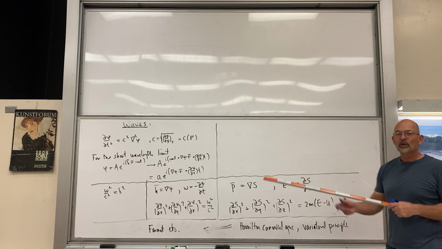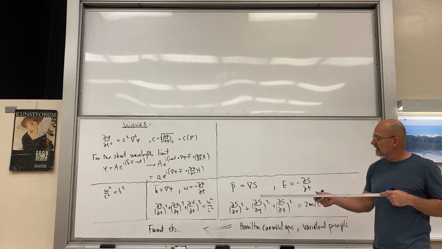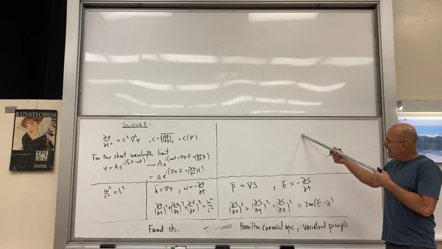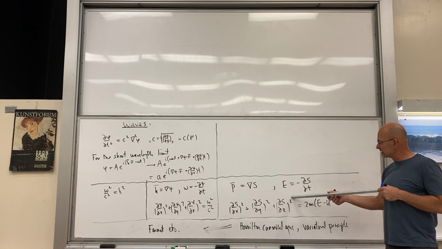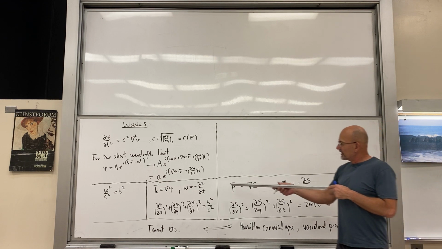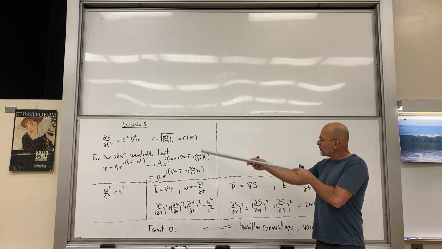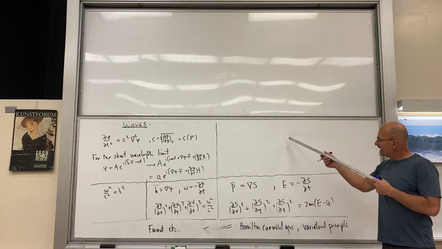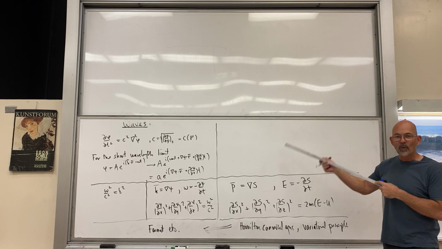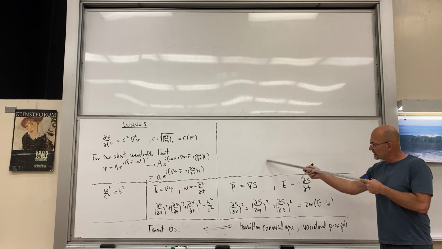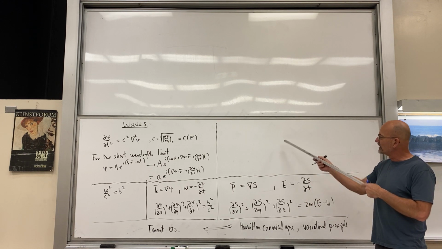Okay, so where are we headed with this? Well, there's a blank up here. This is all point mechanics, classical mechanics. This is the short wavelength limit of a wave theory. Is there a wave theory whose short wavelength limit is classical mechanics? That's the question that arises.